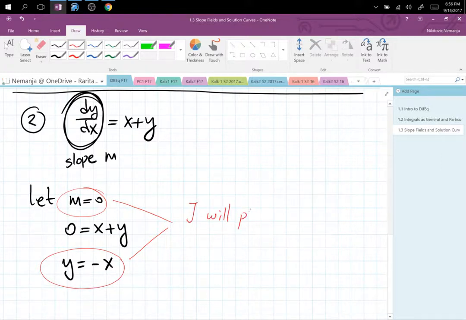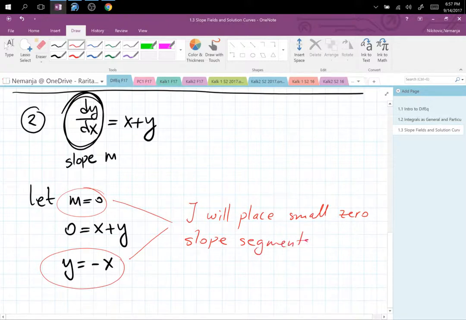I will place small 0 slope segments along y equals -x. This y equals -x is called the isocline. Isocline.